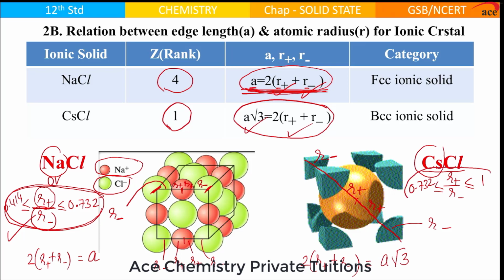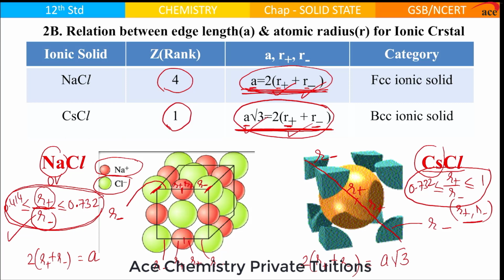This formula should be used if out of the two data, R+ and R-, they give you only 1 data. If they give you 2 data, then in this formula there are 3 terms, a, R+ and R-, so out of the 3 terms, they will give you 2.